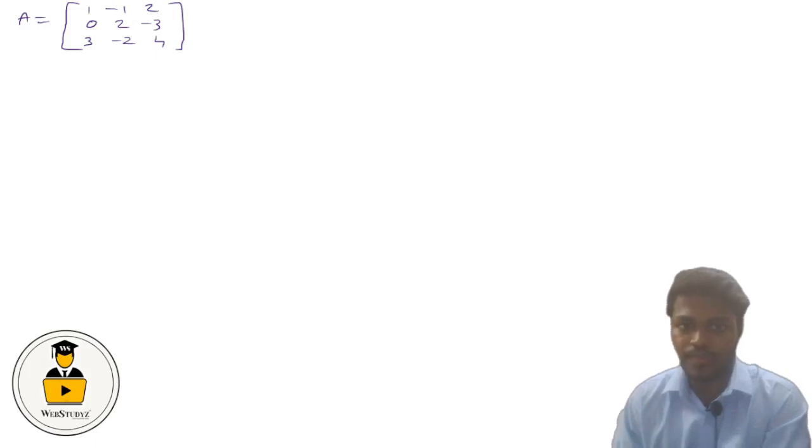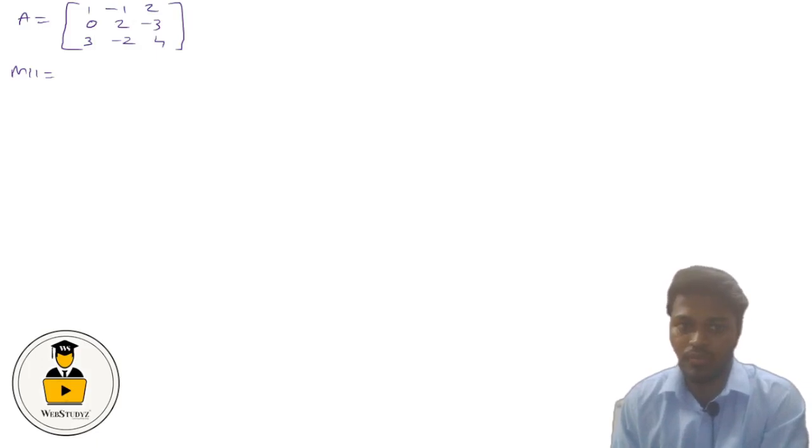So let us first write our matrix here. It is [1, -1, 2; 0, 2, -3; 3, -2, 4]. So this is our matrix A. Now we can calculate minors. In order to calculate a minor, we have to hide the corresponding row and column and find the determinant of the remaining elements.